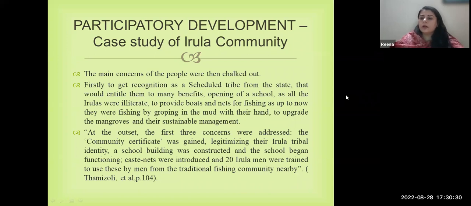So their social interests were safeguarded, and they were trained in techniques and strategies to exploit the local resources in a manner which does not hamper their productivity in the longer term. At the outset, the first three concerns were addressed. The community certificate was gained, their Irula tribal identity was legitimized, a school building was constructed so that their children can get education, and then men were trained in traditional fishing.